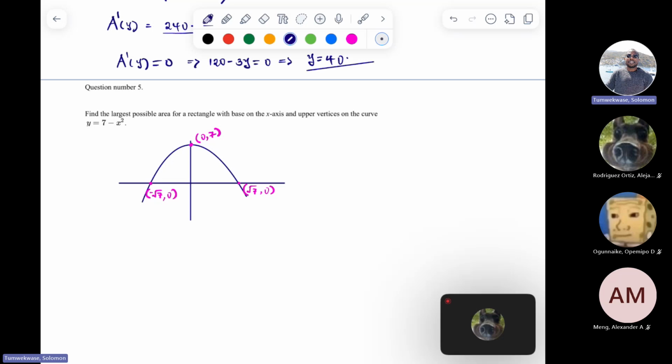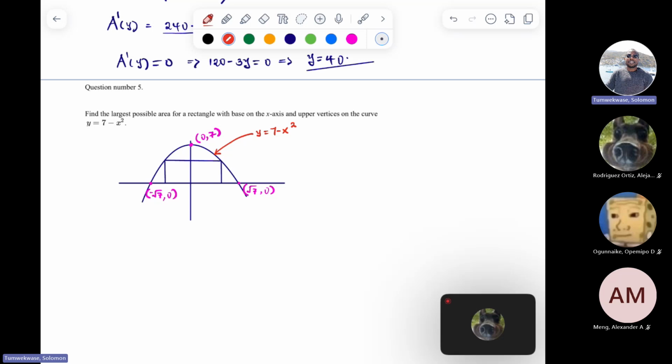But really what we are interested in is the area of a rectangle which looks like this, and like this. It has the base on the x-axis, and two of its vertices are touching this curve here. Remember, the whole of this curve is y is equal to 7 minus x squared.